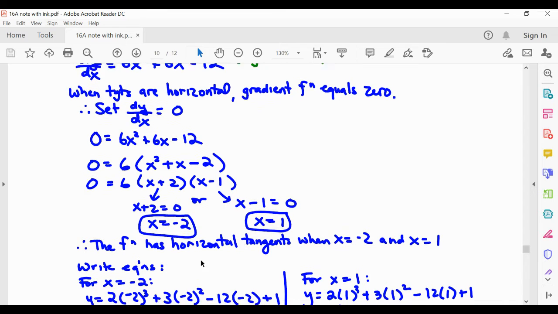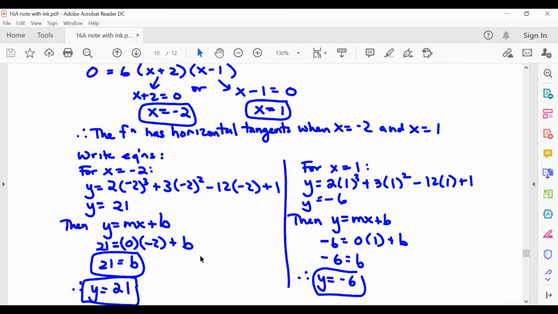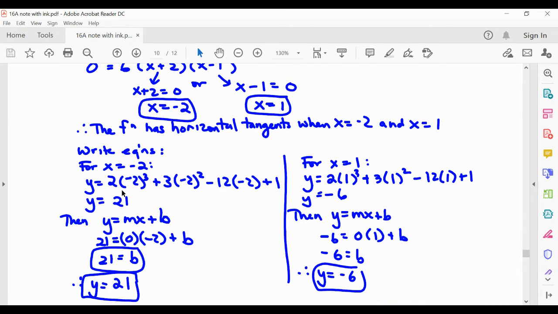If x was equal to -2, then we can plug in -2 to our function to find the value of y, so that we now have a slope and a point. Okay, remember that the slope is 0, but we need the value of the point to find the y-intercept. And likewise, when x equals 1, we need to find the value of y.